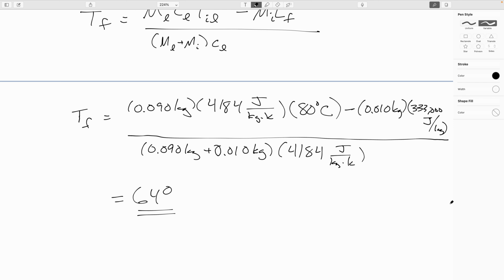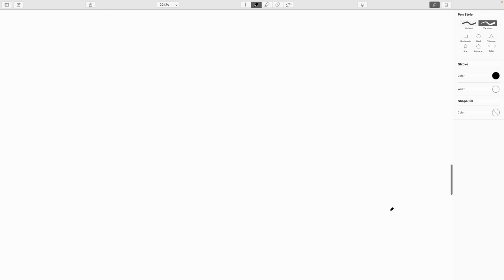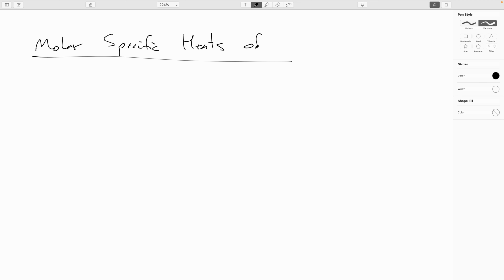All right. So with that, I want to start to think a bit more about molar specific heats for gases.